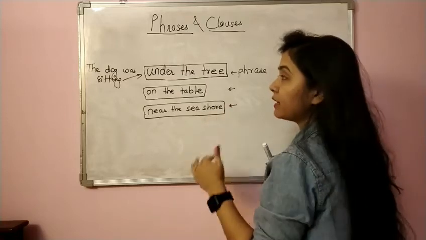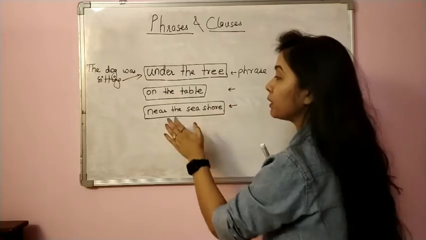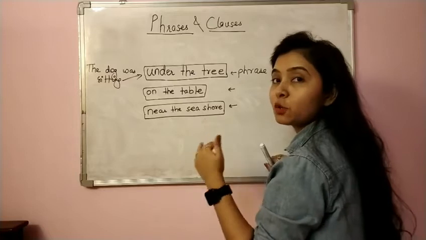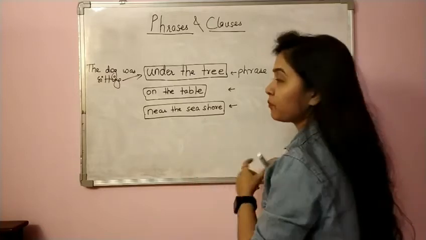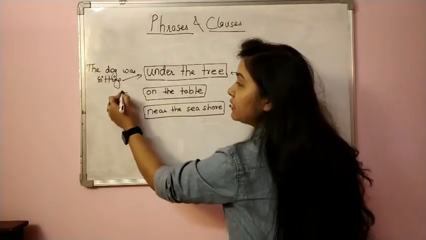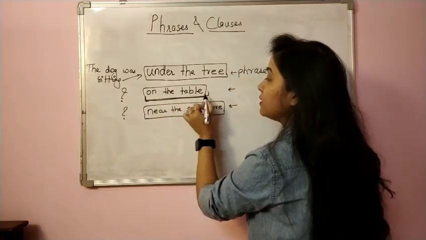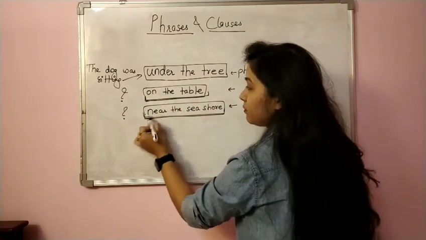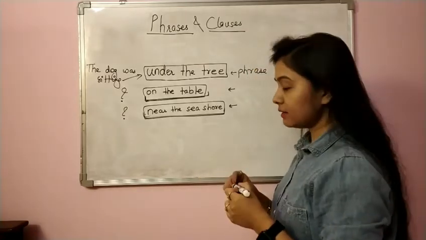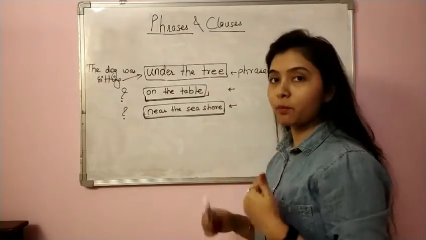Under the tree, पेड़ के नीचे, on the table, table के ऊपर, near the seashore, seashore के पास, लेकिन क्या? This क्या thing is incomplete here. So these groups of words are known as a phrase. Hope you all understood. I can explain phrases with the help of some more examples.